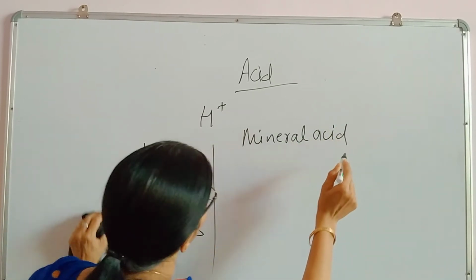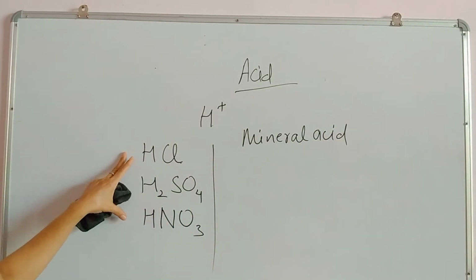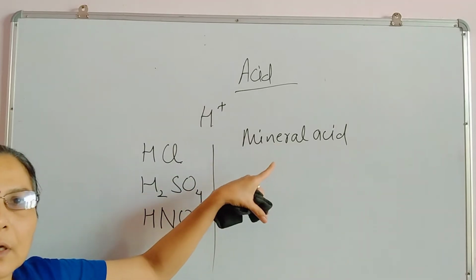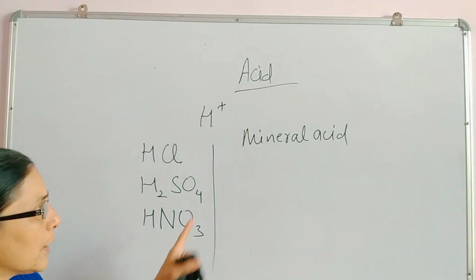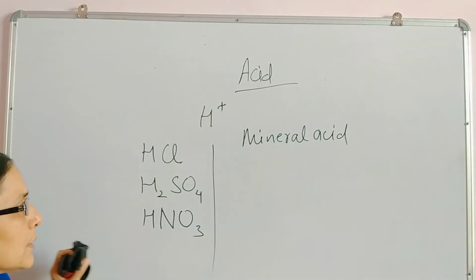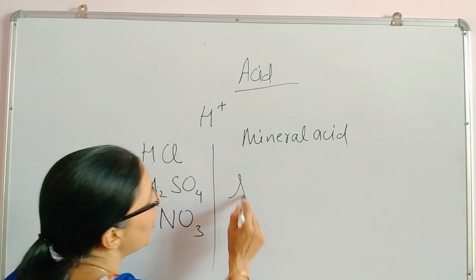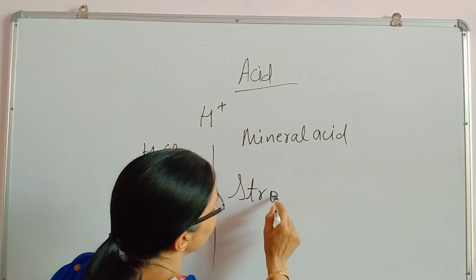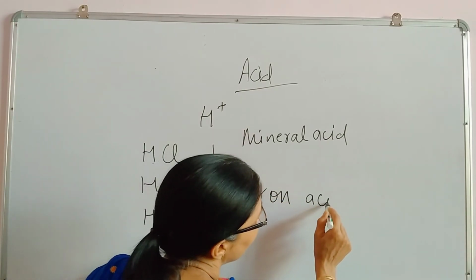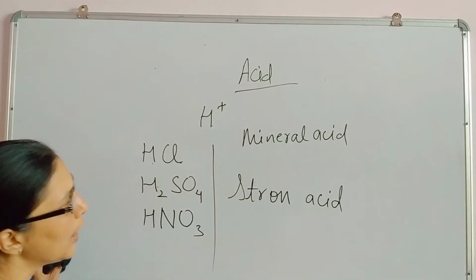As these mineral acids are prepared from minerals dug out from the earth's crust, they are known as mineral acids. They all have H plus ion and they all show strong acidic behavior. So these are all strong acids.